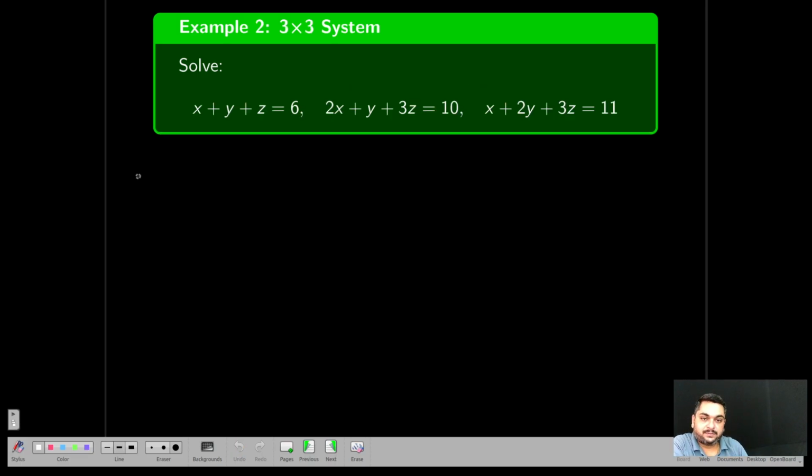A 3 cross 3 matrix. So what is the matrix? Coefficient matrix A is 1, 1, 1, 2, 1, 3, and then 1, 2, 3. My B vector is 6, 10, 11.